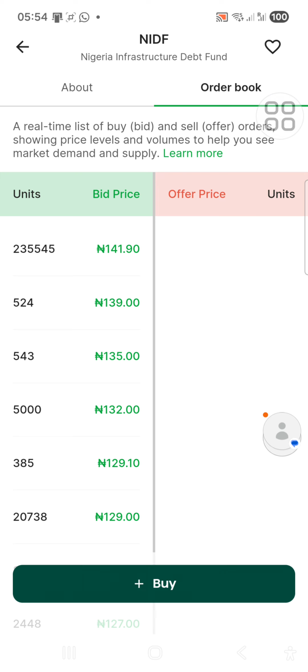Some are bidding 135 naira, some are bidding 139 naira, and some are even bidding 141 naira 90 kobo. You don't need to bid that high price. Just wait and see what people are going to offer in the market before you place your own bid.